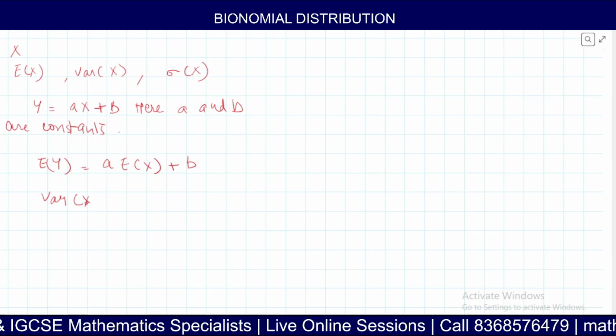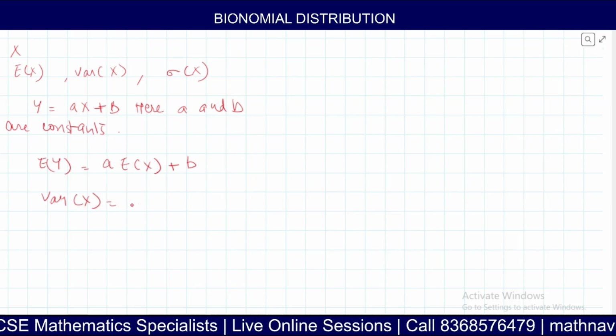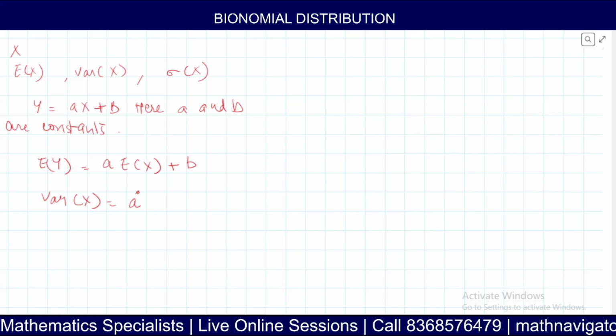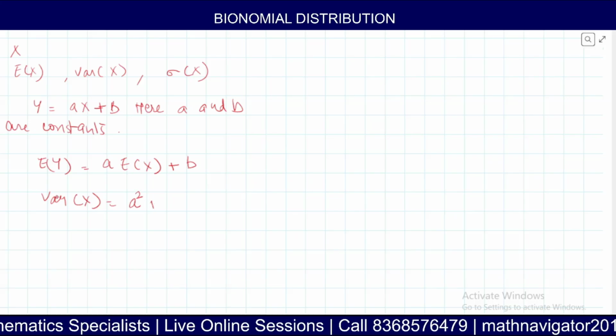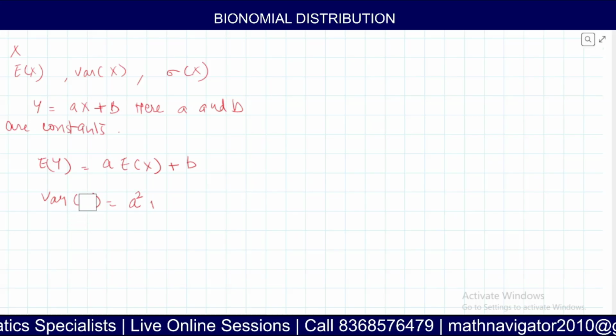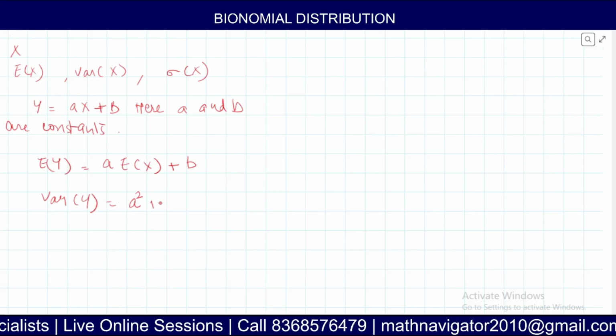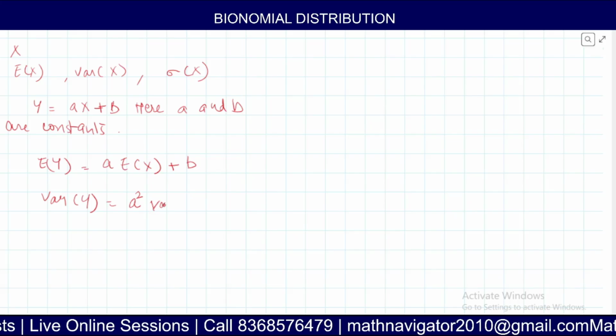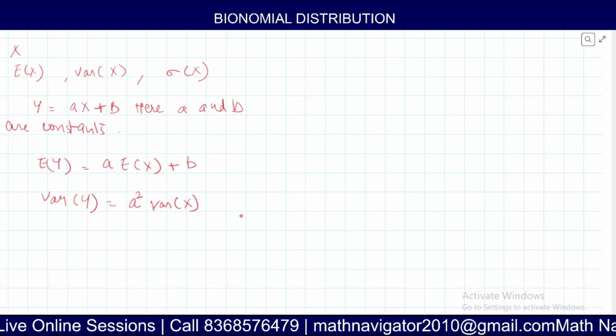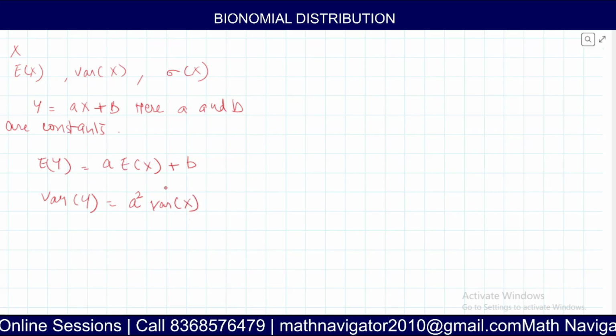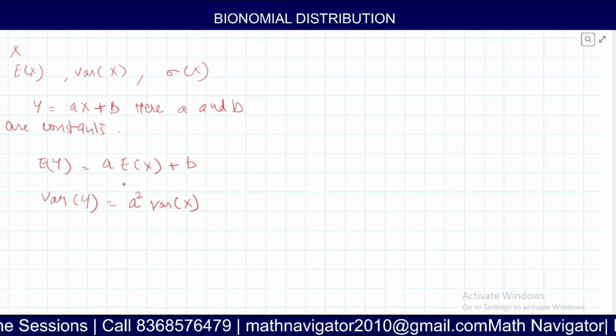And variance of y, not x, is equal to a squared times variance of x. This does not take into consideration whether it is plus or minus b.